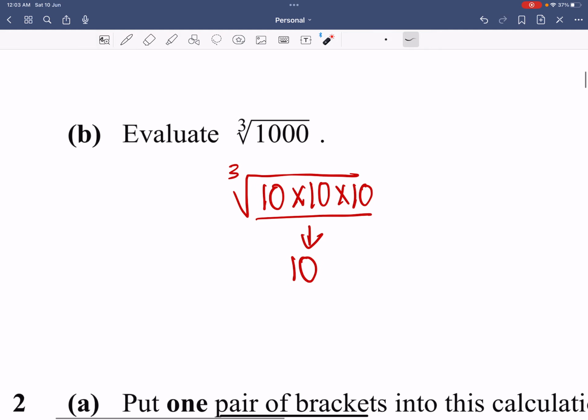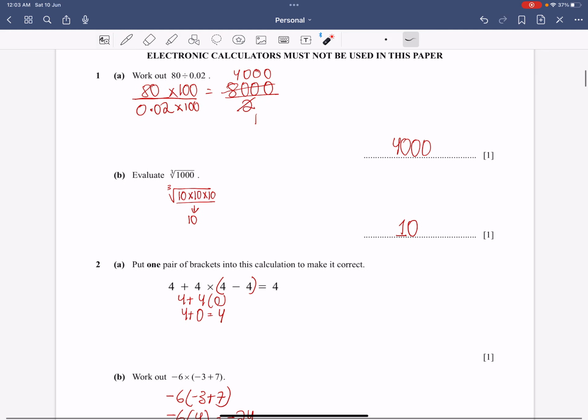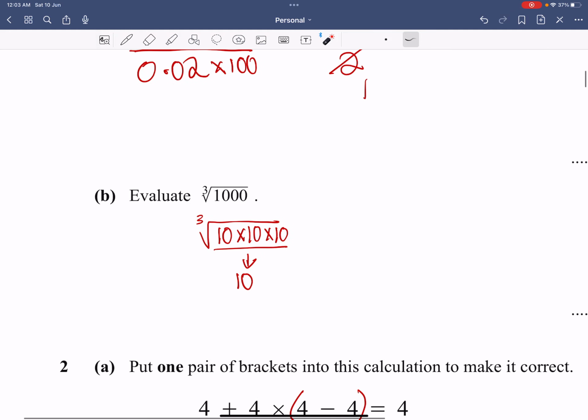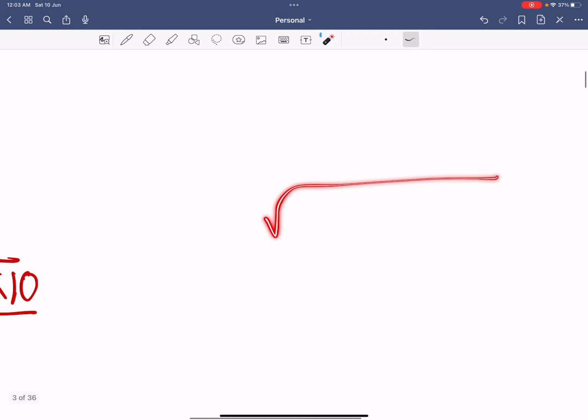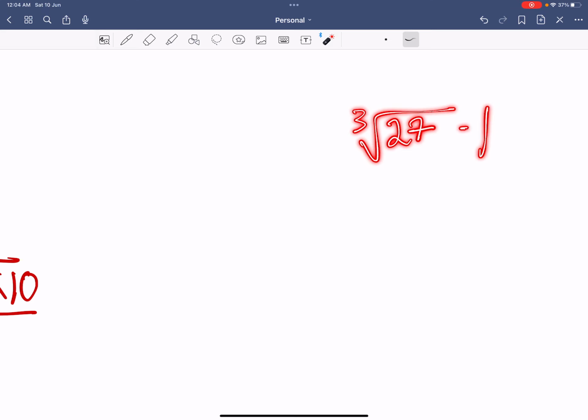Then the next question says cube root of 1,000. So in order to find the cube roots, first you need to know that for cube roots you need 3 pairs of 3. Like if you want to find the cube root of, for example, 27, so first I'll break 27 down. 3 9s are 27, 3 times 3 and 3 times 1.